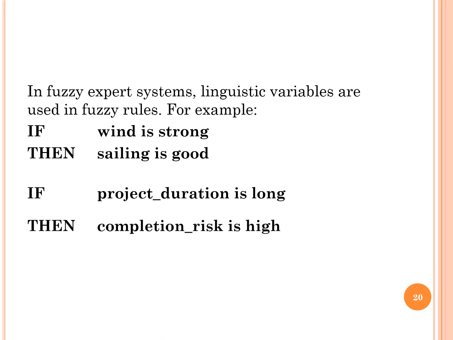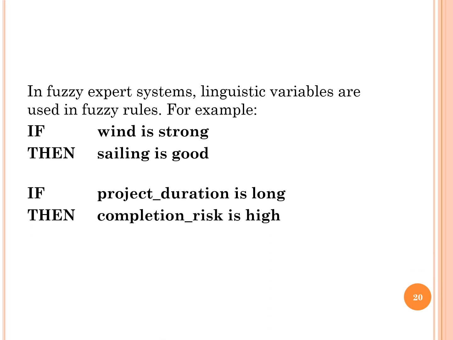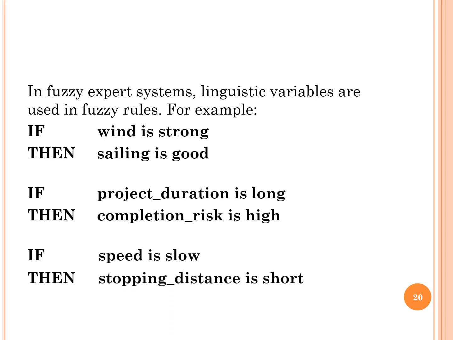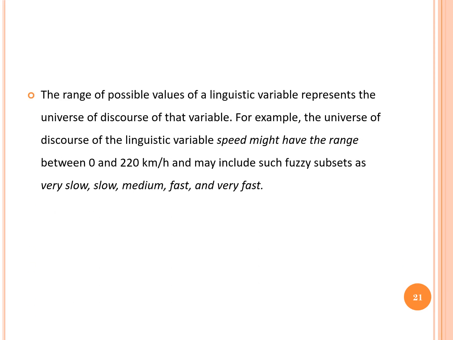We can have: if project duration is long, then the completion risk is high. The other example: if the speed is slow, then the stopping distance is short. Okay, these are all the linguistic variables that we can use.